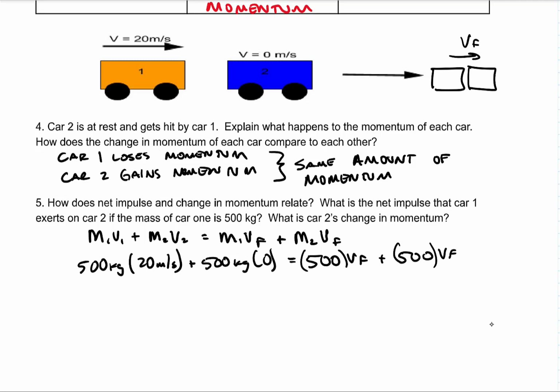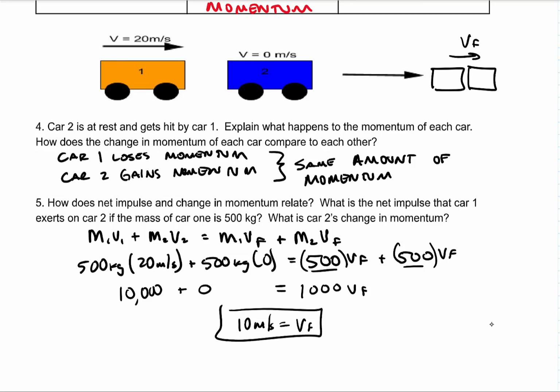So 500 times 20, 10,000 plus 0 is equal to, when you add these together, you get 1,000 v final, because it's the same v final. So the final velocity comes out to be 10 meters per second. Now we know everything that we need to do. This is the conservation of momentum.